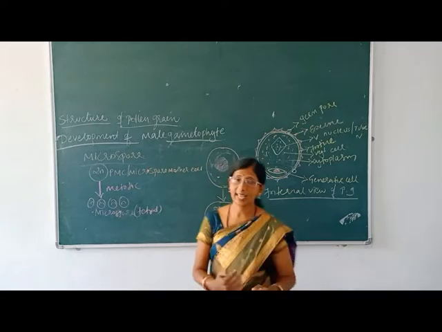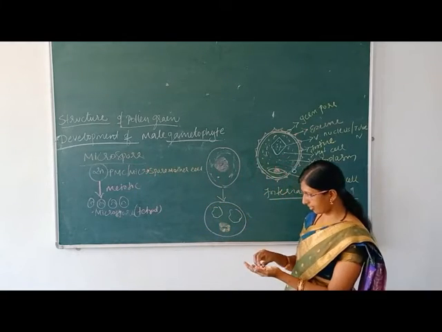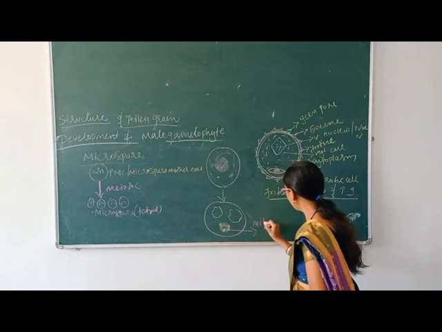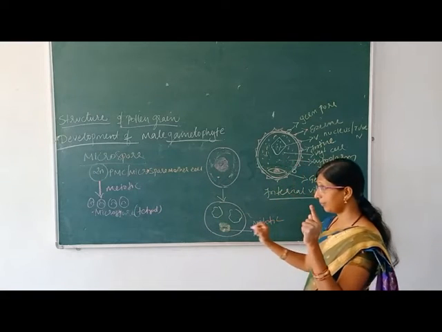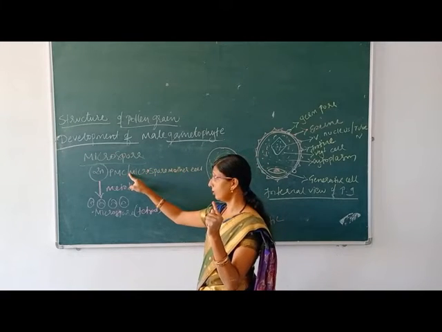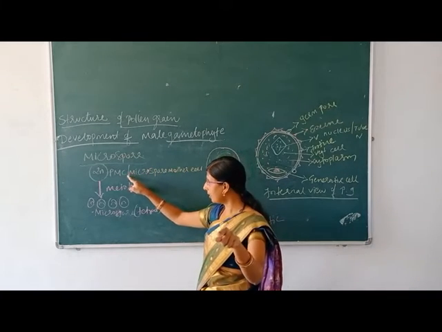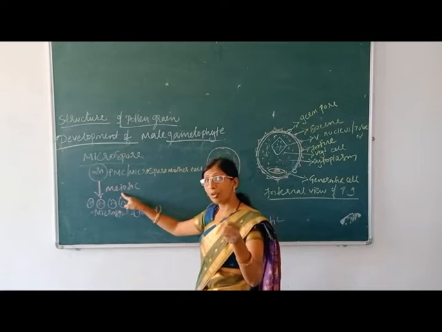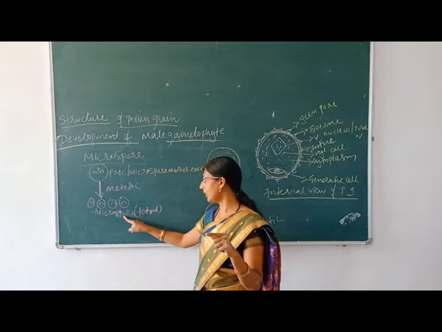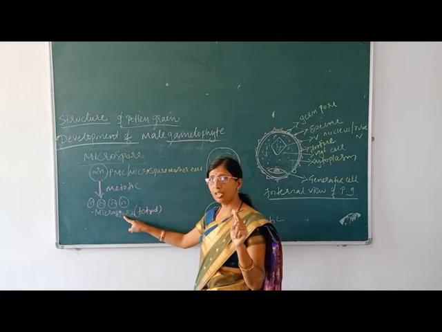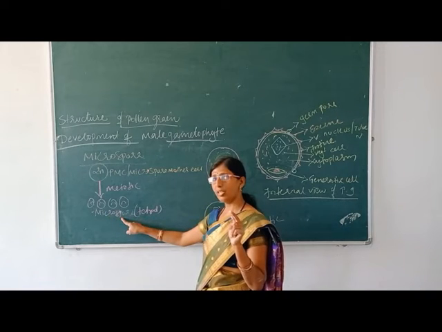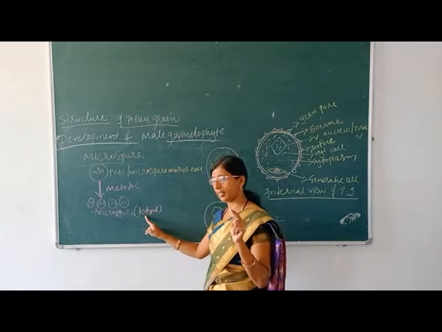Okay, then this nucleus undergoes division. The microspore mother cell or the pollen mother cell, which is diploid in number, undergoes meiotic division to form the pollen grains or microspores, that is the 4 haploid microspores, that is a tetrad.